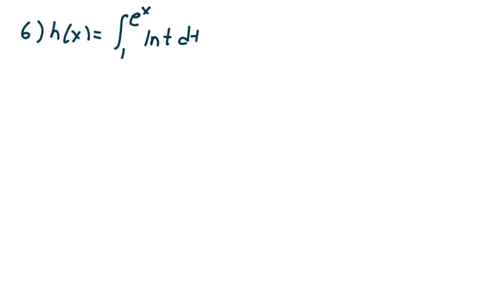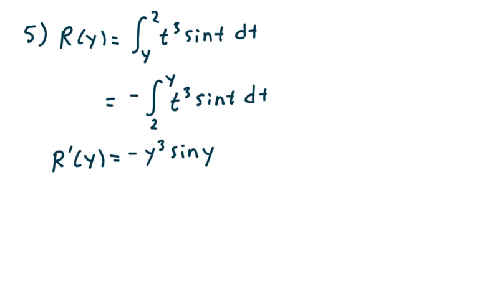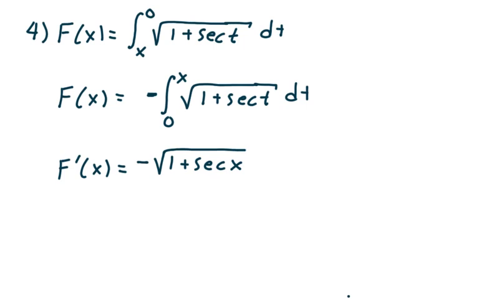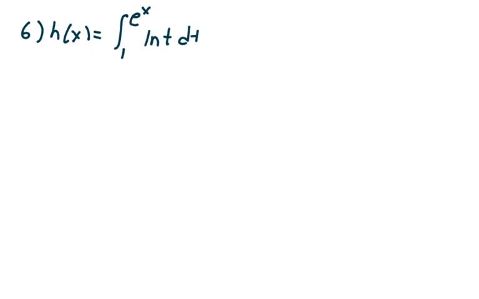If you look at example 5, notice how the upper limit ended up being y. In example 4, the upper limit ended up being x. Well, in this problem, the upper limit is not x, it's e to the x. So when we take the derivative, we're going to have to apply the chain rule.